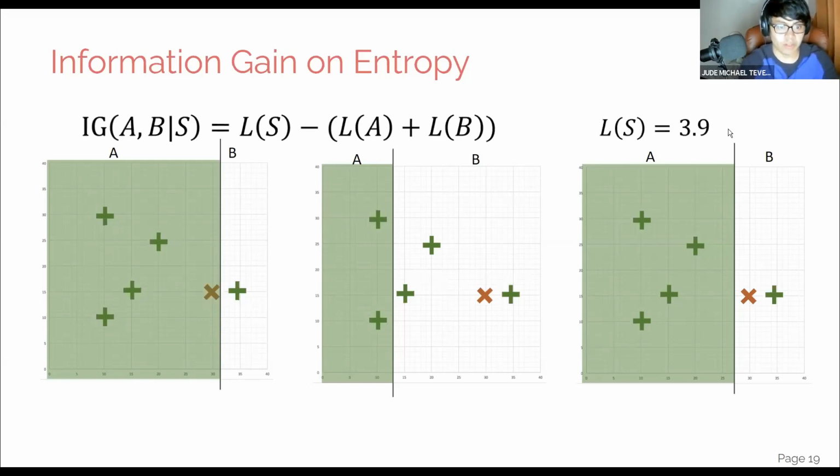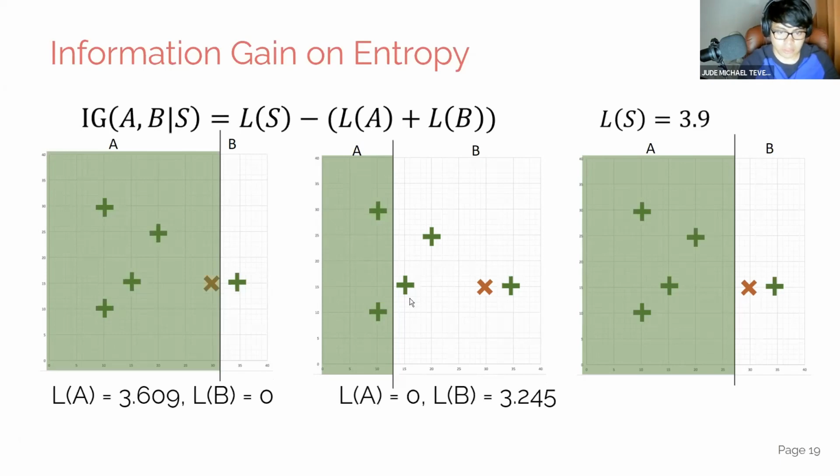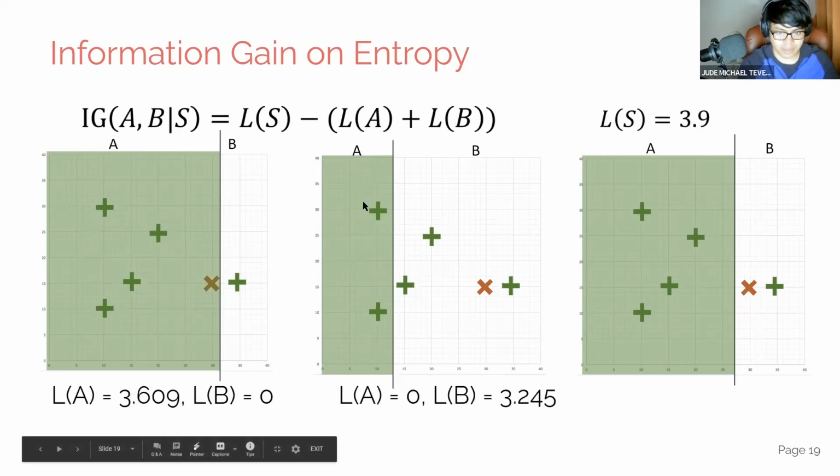But now we'll introduce some splitting. If we do this left splitting, we're gonna get a loss of 3.609 for set A and 0 for B because it's homogeneous. For the middle one, we'll get a loss of 0 for set A because it's homogeneous, but for set B, it's 3.245. For the right graph, we're gonna get a loss of 0 for set A and 2 for B. Yeah, it's the same as before.